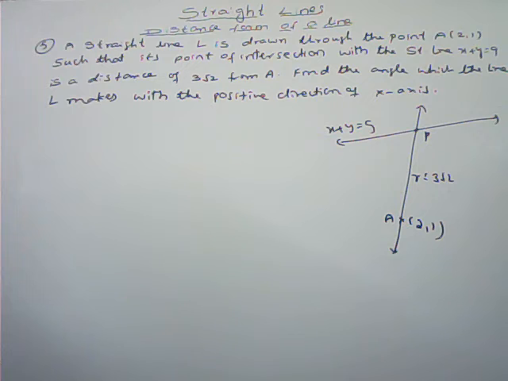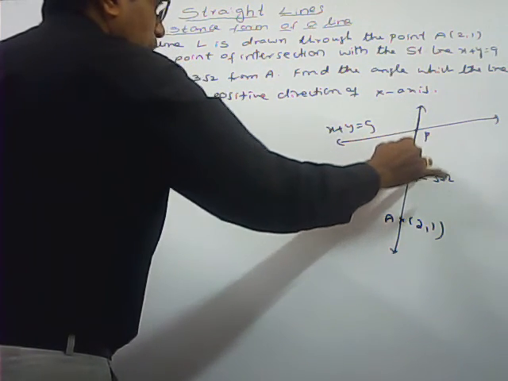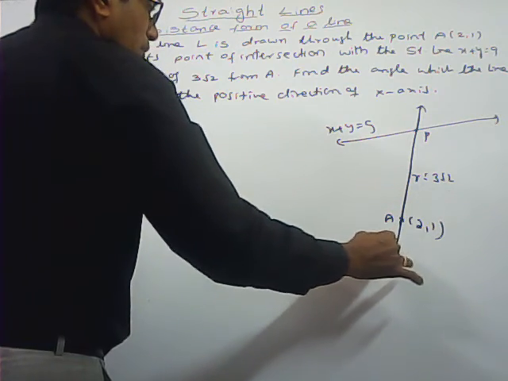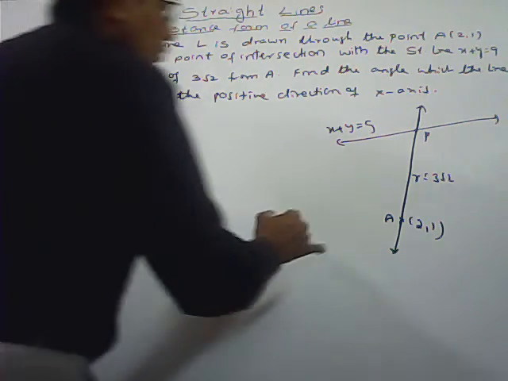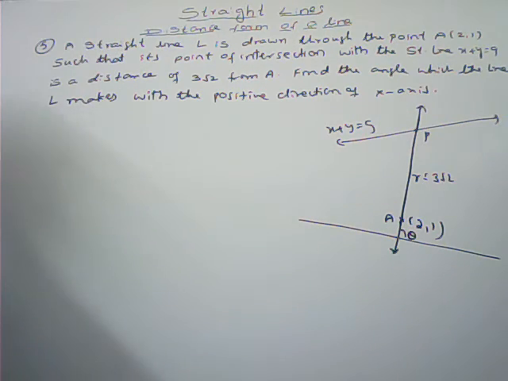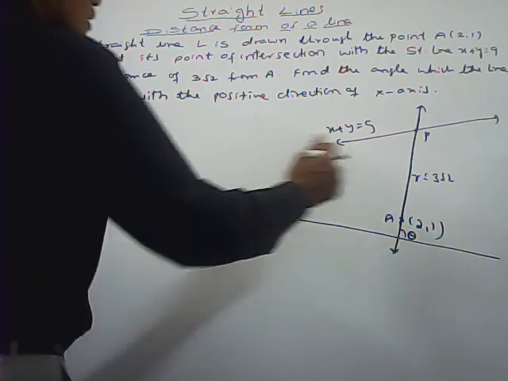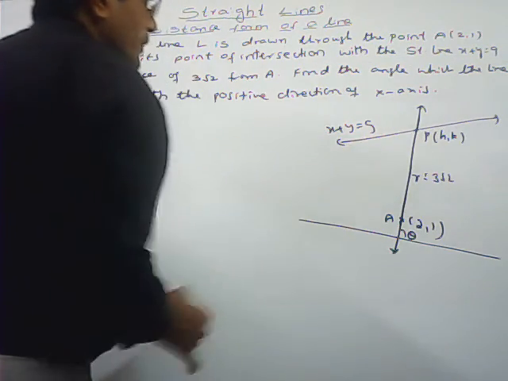Find the angle which the line L makes with the positive direction of x-axis. Here we want the inclination of this line. What is the angle made by this line with the positive direction of x-axis? Here we don't know that one, let it be theta only. Now the coordinates of P I am taking h comma k.